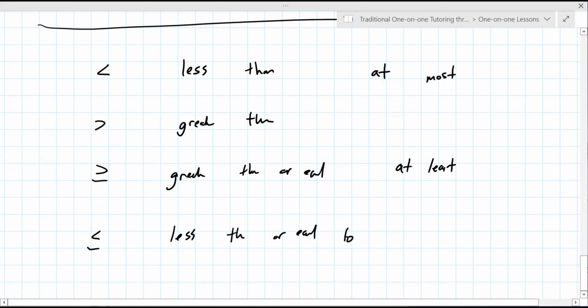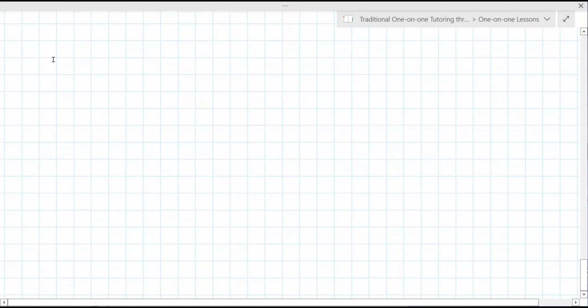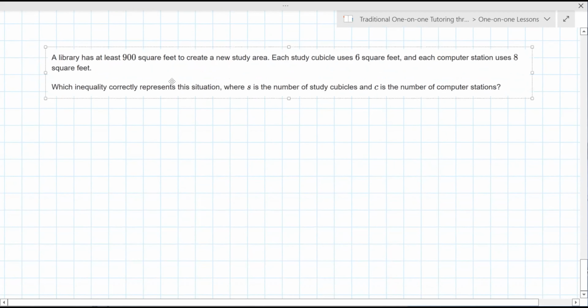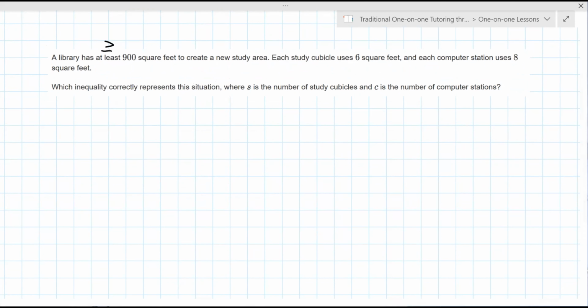So let's look at another one and see if we can come up with the correct answer. Some of these are hard to come up with on the fly. All right. A library has at least, so you might think, that's greater than or equal to 900 square feet to create a new study area.